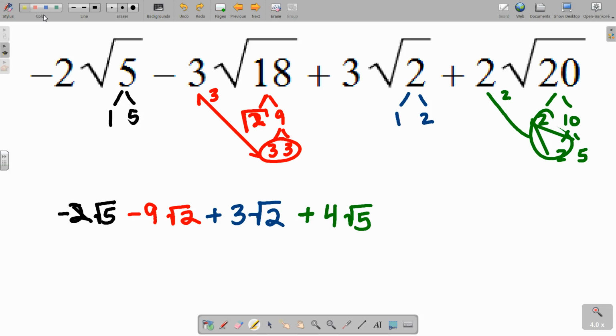Now we're going to collect like radicals. I have root 5 and root 5. Negative 2, positive 4. That's going to be positive 2 root 5. Root 2.